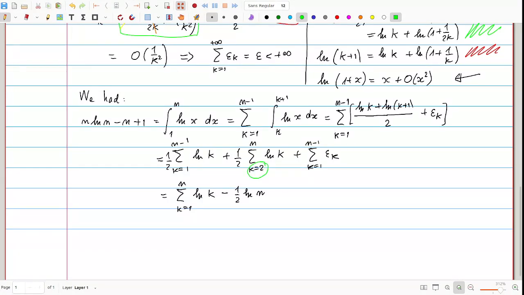Here we are missing the first term, but this is 0 because the logarithm of 1 is 0, so this is not a problem. And so this is what we get, and here we have this error.